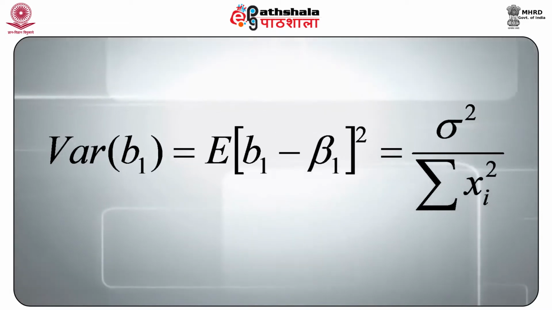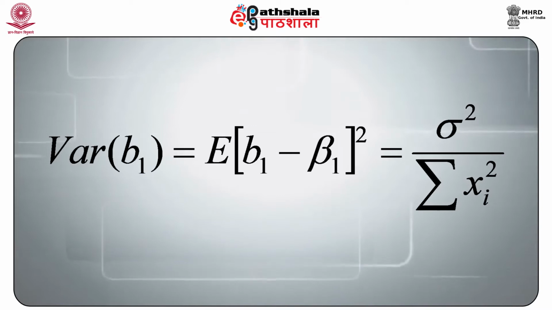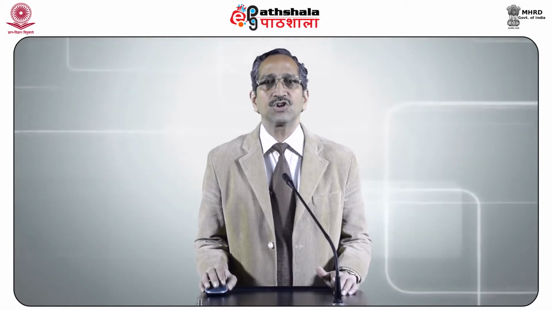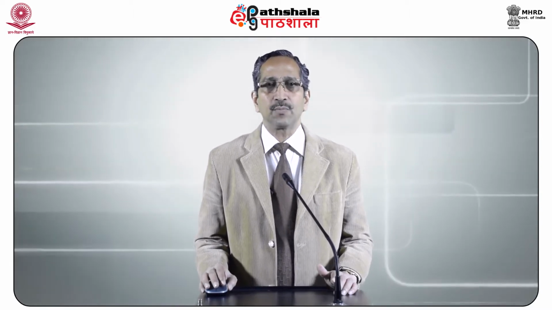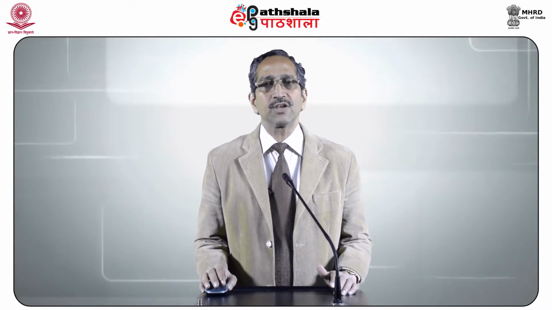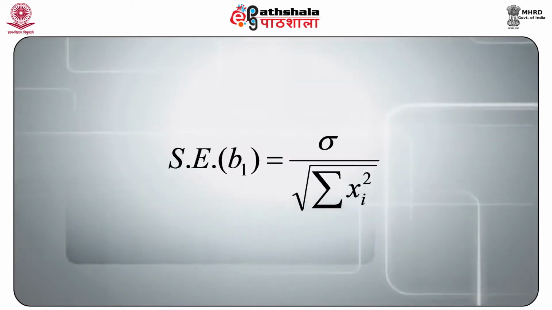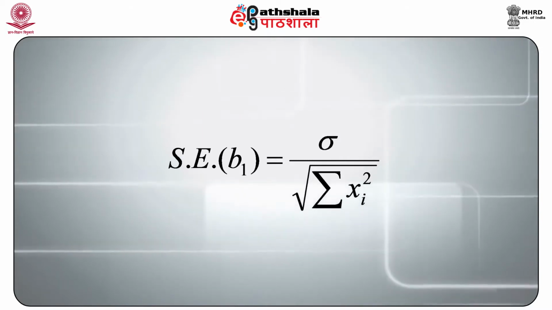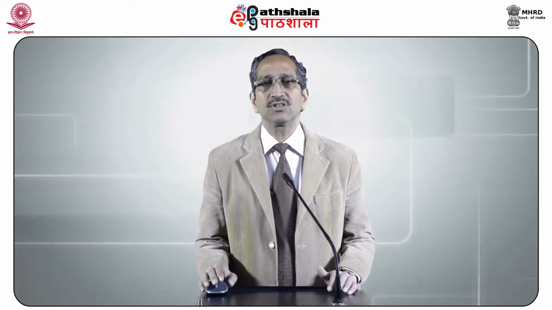Now this is equal to sigma square upon summation of xi square, where small xi is the deviation of the capital Xi or the variate Xi from its mean. This is our equation 1. Therefore, we can say that the standard error of B1 will be equal to sigma upon the square root of summation xi square. We can denote this as equation 2.